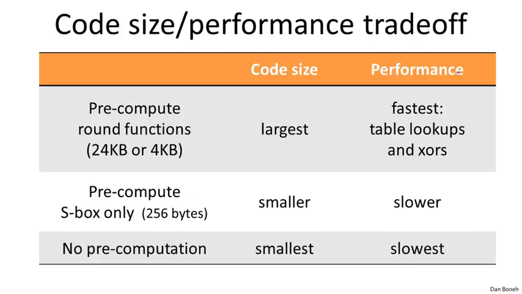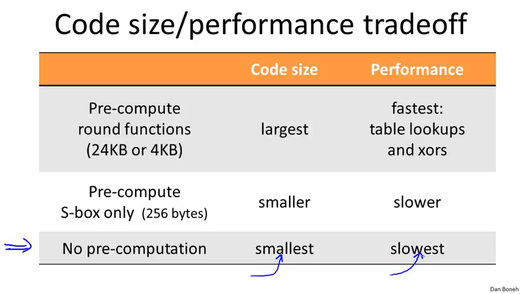This is a generic fact about AES: if you allow no pre-computation at all, including computing the S box on the fly, you get a fairly small implementation of AES, so it could fit on very constrained environments where there isn't enough room to hold complicated code. But of course this would be the slowest implementation, because everything is computed on the fly.